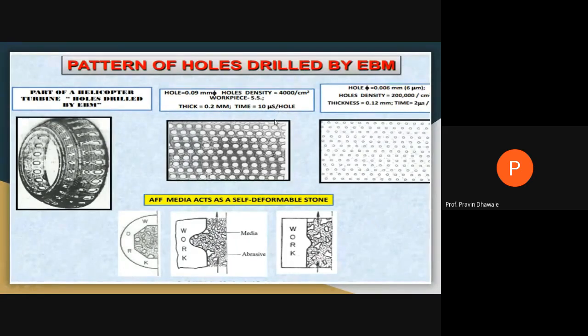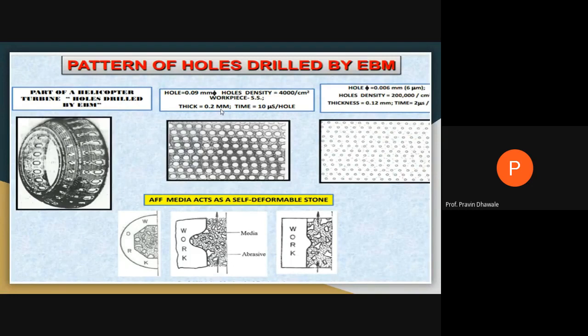And what is the thickness of this plate? That is 0.2 mm. See here, how much thickness of this plate? It is a very small thickness, 0.2 mm, not a complete 1 mm. See here.